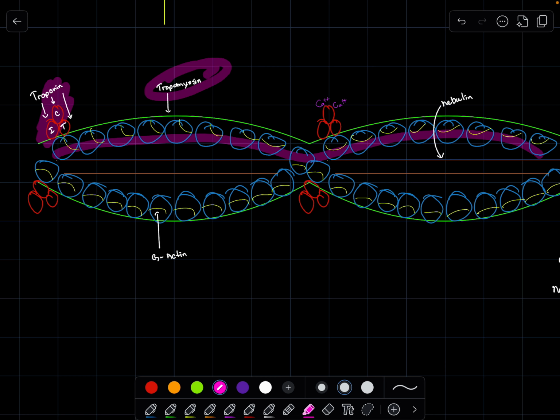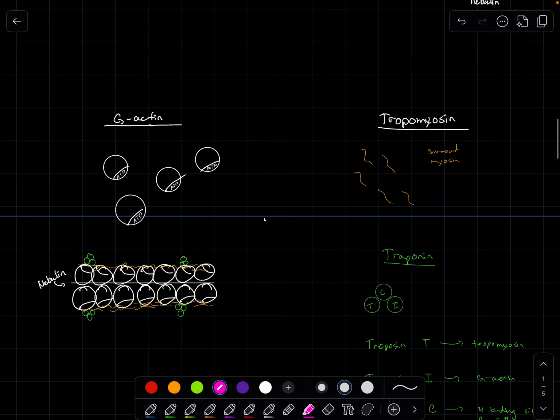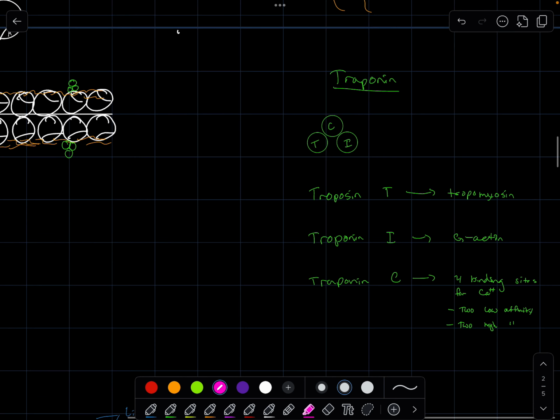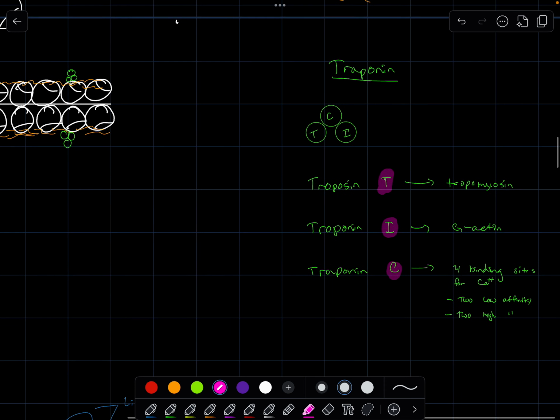So troponin is composed of three proteins. We can take a look at it here. We have troponin T, I, and C. Okay, troponin T controls tropomyosin. Troponin I controls the G-actin and the stability of it. Troponin C, that's where calcium binds, and it has 2 low and 2 high affinity binding sites.